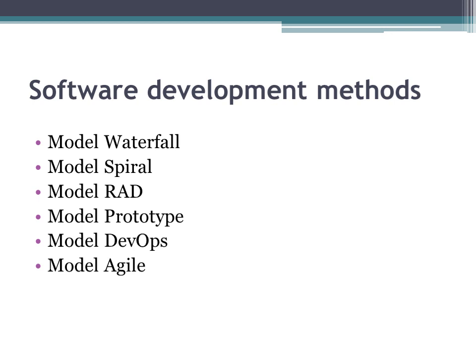And the next is the prototype model. This model is slightly different from the previous models because it uses a prototype. So the first thing to do is to make an application prototype first. And the next is the DevOps model.